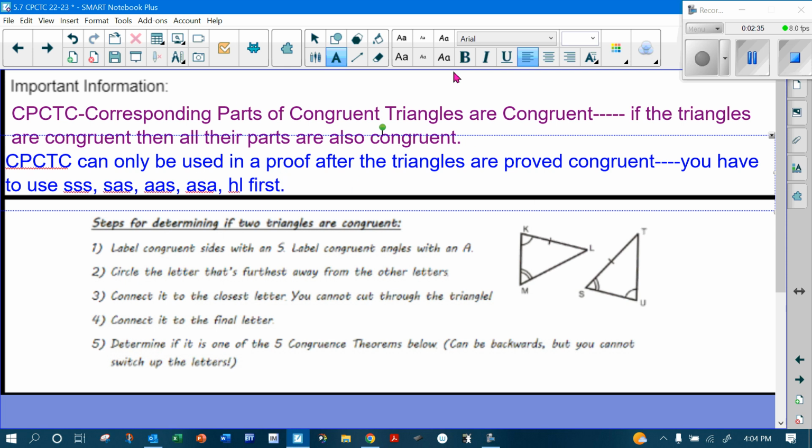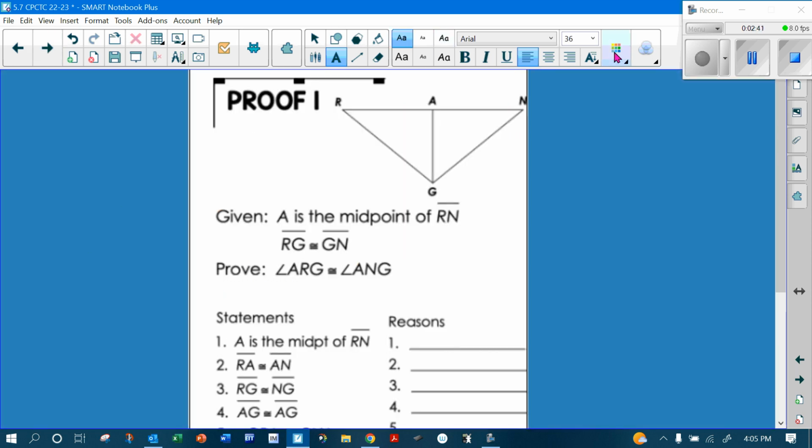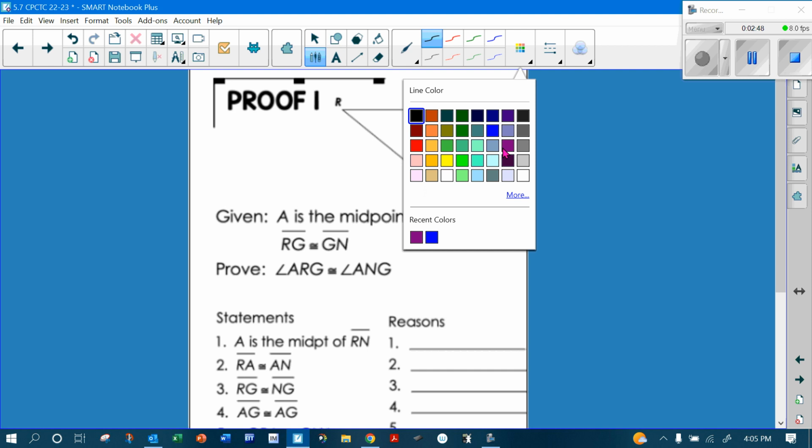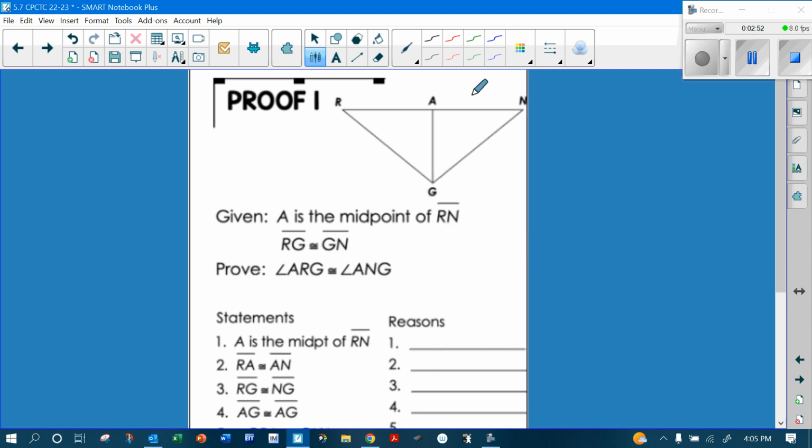All right, so let's just do some examples. Here are all your steps, same as before. Proof number 1, and I have not done these yet, so let's hope we don't mess up. Given that A is the midpoint of RN.